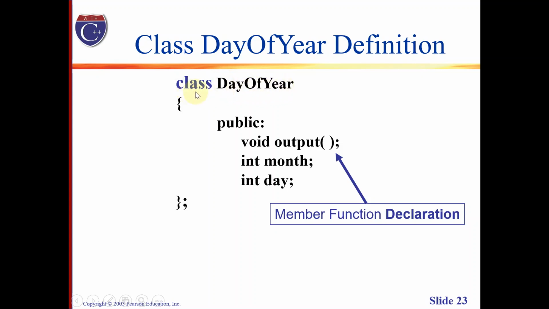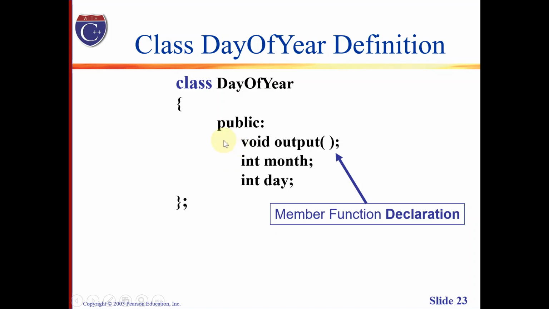The definition is also contained in curly braces and terminated with a semicolon. Inside our definition, we see the following set of declarations. We also see a new keyword, public, although we will be talking more about that as we go.